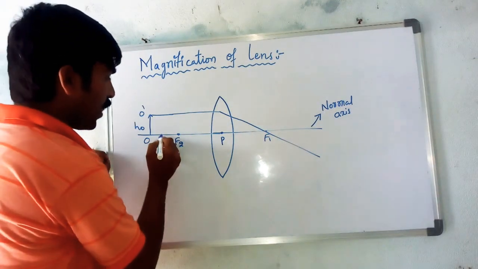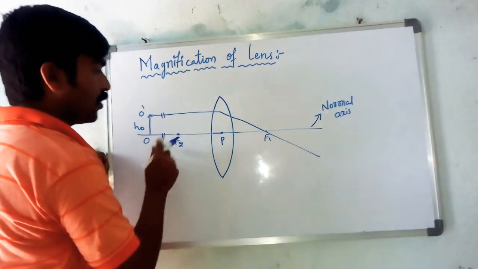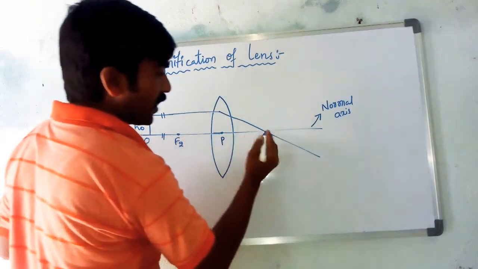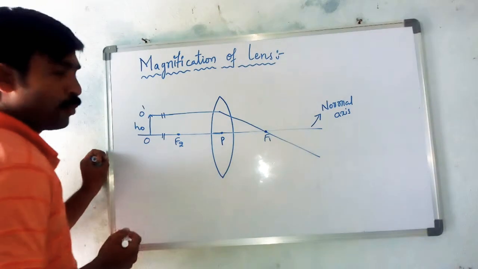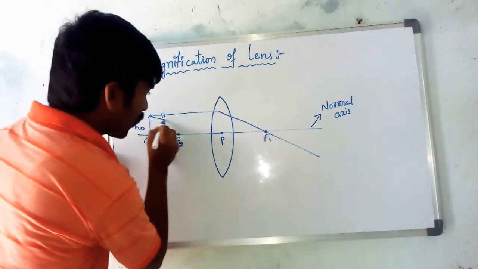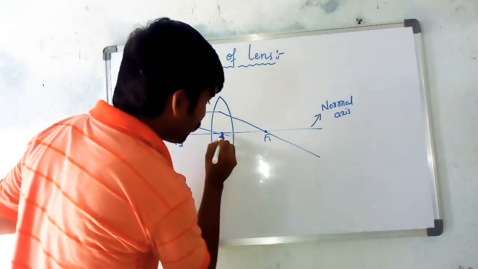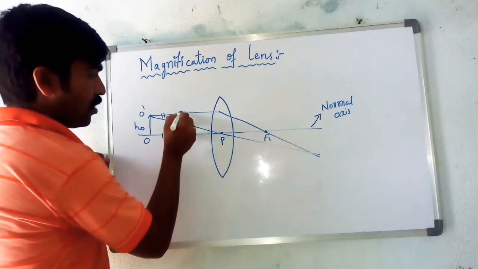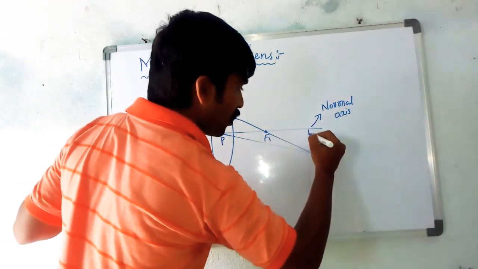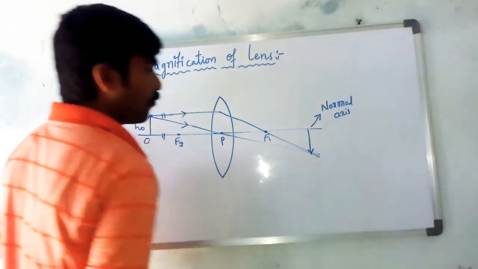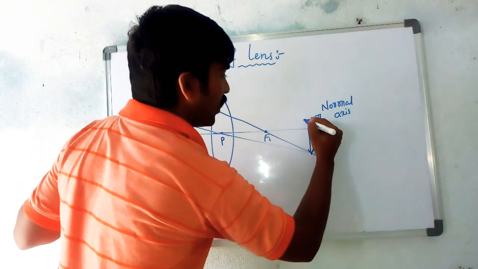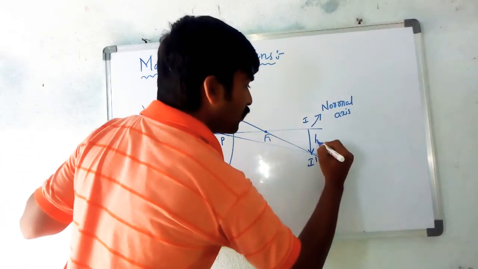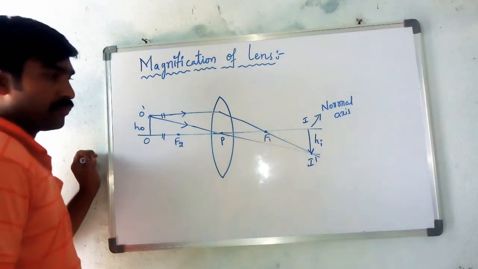Another ray passes through the optic center. These are the incident rays. They form an image at I dash, and this is the height of the image HI.